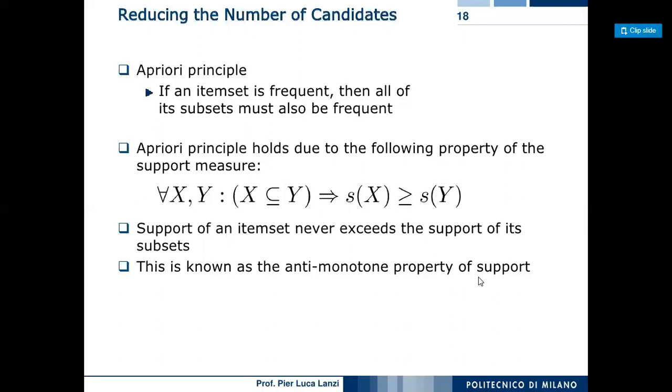For example, if x is a subset of y, then the support of x would be greater than the support of y. The support of an item set never exceeds the support of its subset.